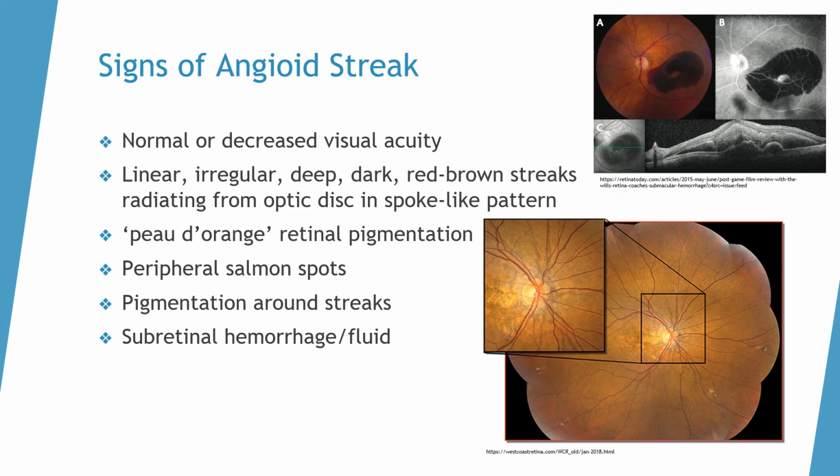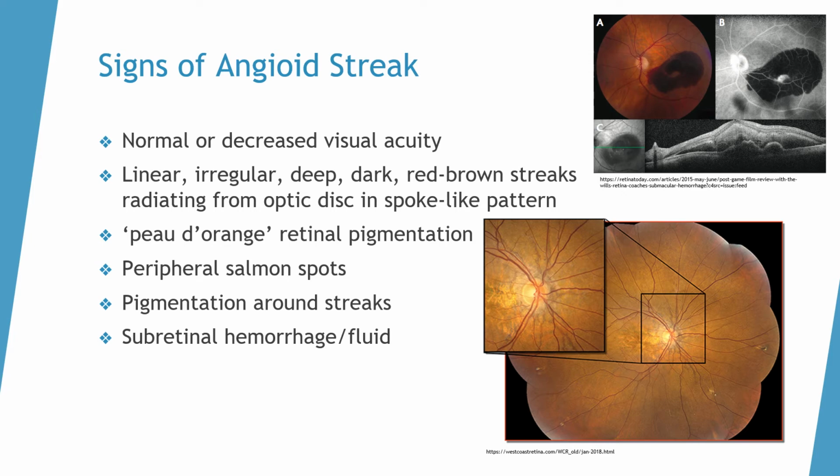Some signs that you may observe in someone with angioid streak are normal or decreased visual acuity, and upon performing a fundus exam, you may notice some linear and irregular, deep and dark red-brown streaks radiating from the optic disc in a spoke-like pattern, just like spokes on bicycle wheels.